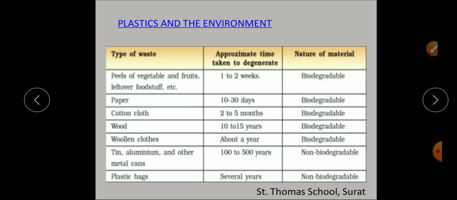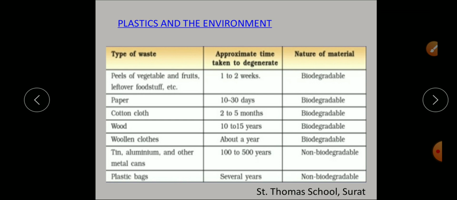So their disposal is a big challenge for all of us. These polythene bags or plastic bags, their disposal is a big challenge for all of us. You must have seen plastic bags thrown in the open. Yes or no?